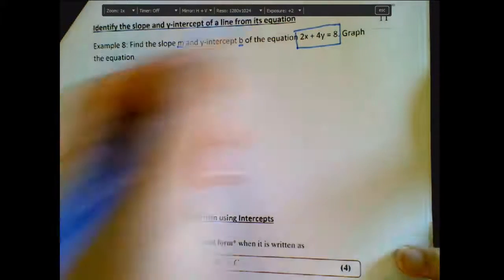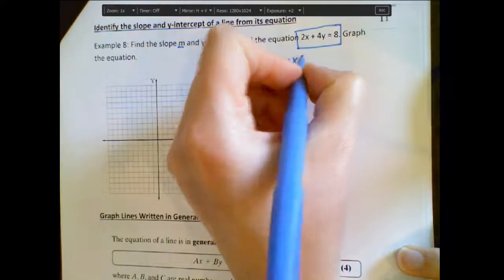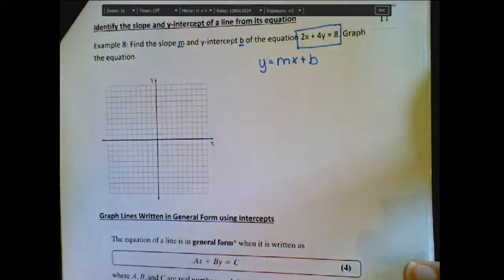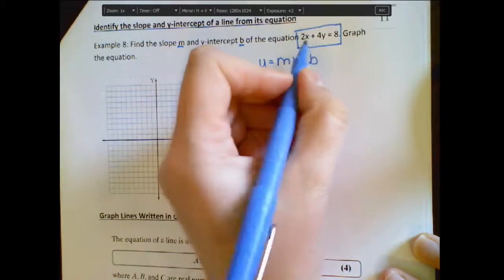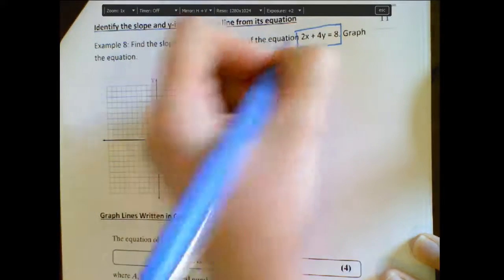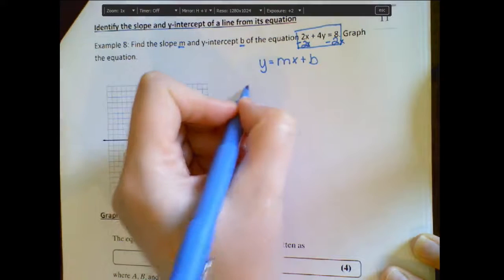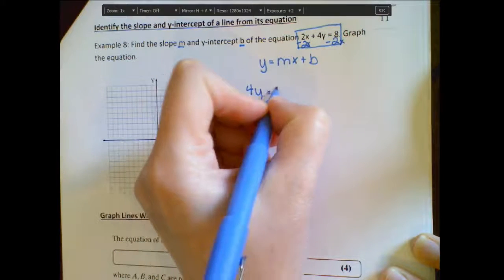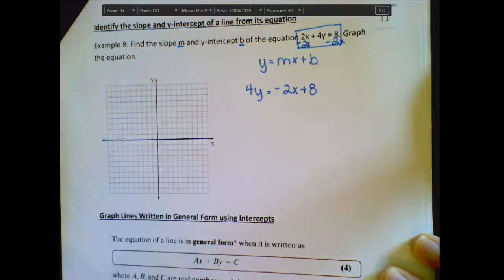In order to do that, I want this to be in the form of y equals mx plus b. In other words, I want to solve for y. I need to subtract this 2x. So subtract 2x from this side, subtract 2x from this side, and I have 4y equals negative 2x plus 8.